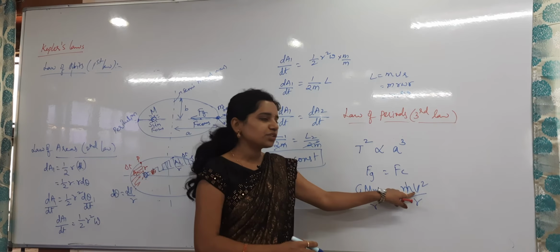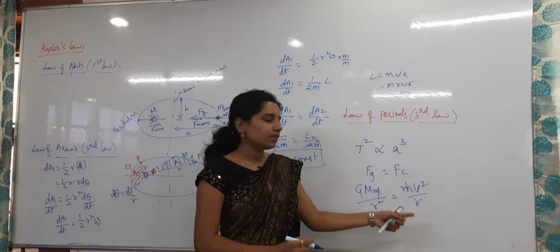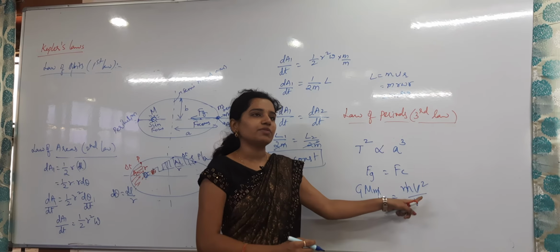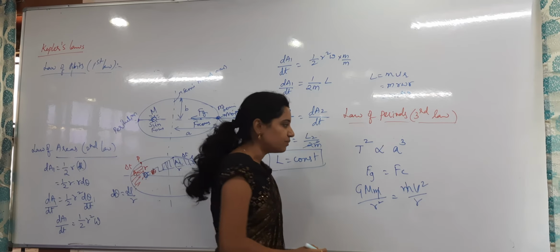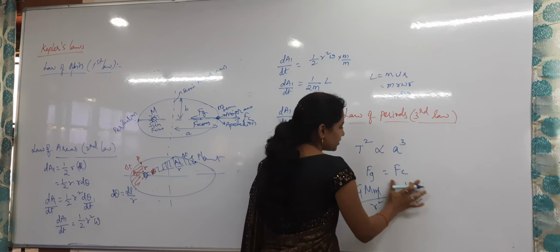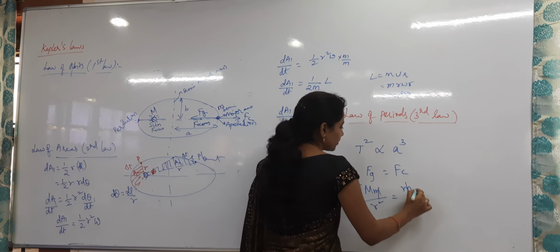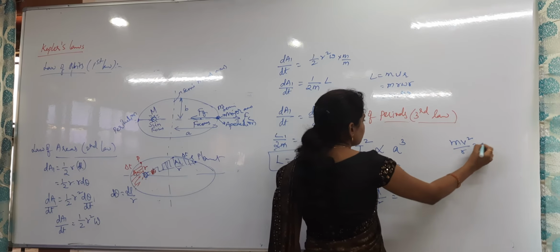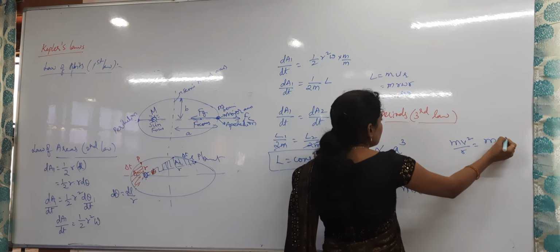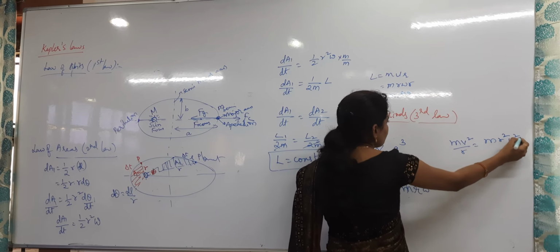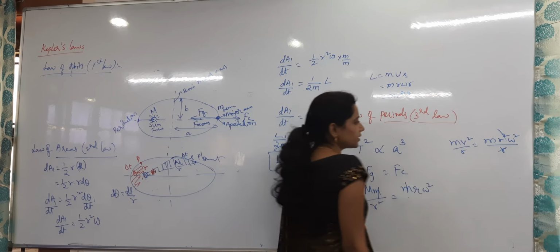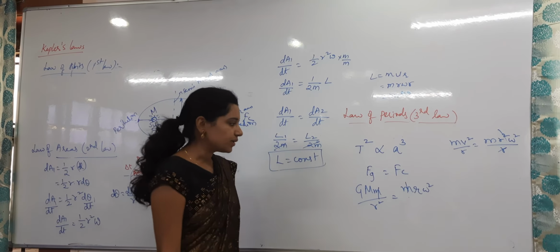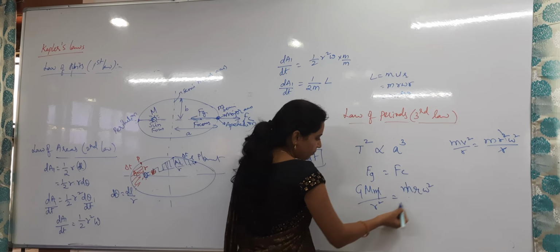Because v is equal to R omega, so m R square omega square by R, R gets cancelled, m R omega square.